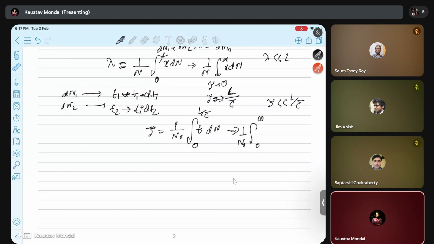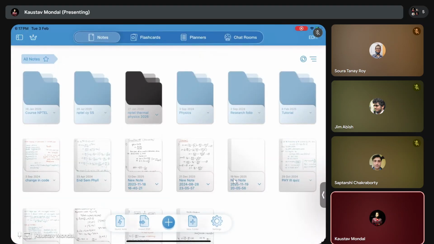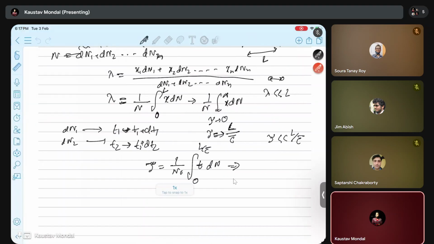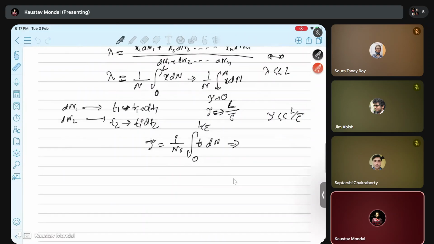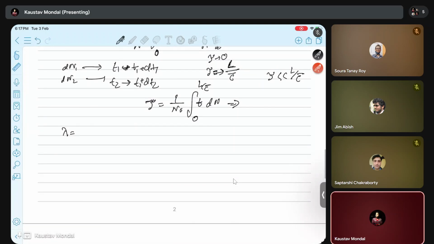So into t by d. So this is basically the integral expression of the mean free path and the average collision time, that is this tau or t into d.